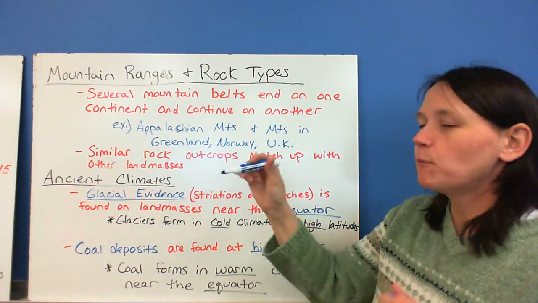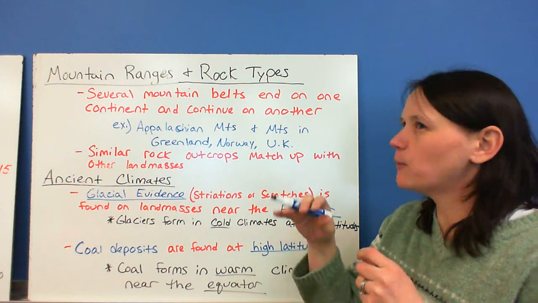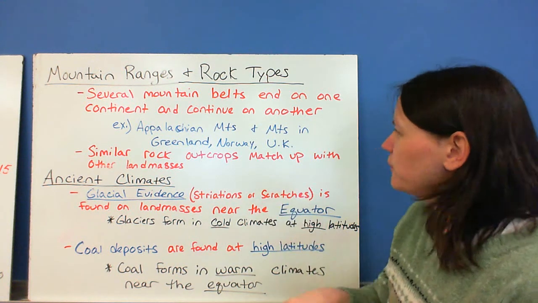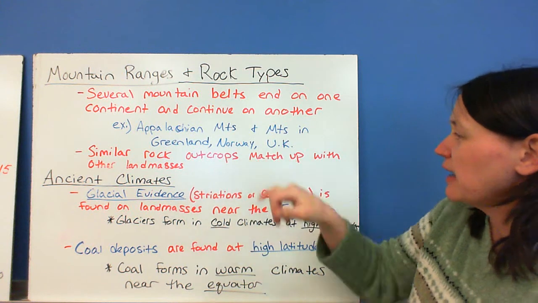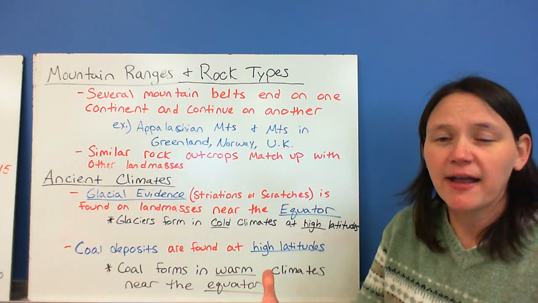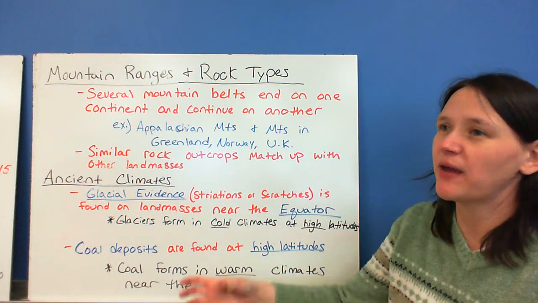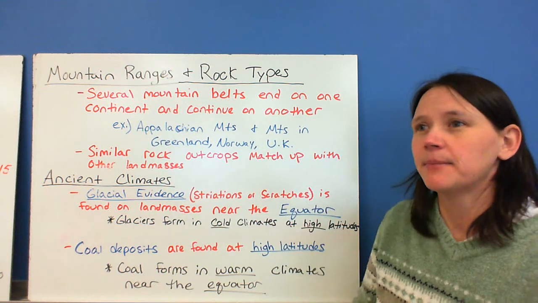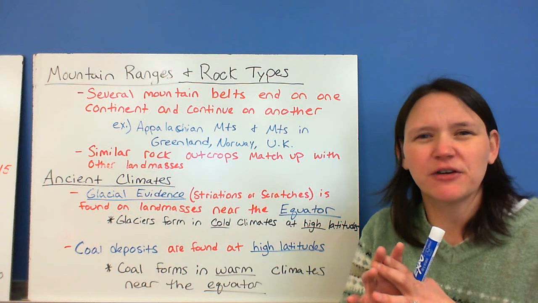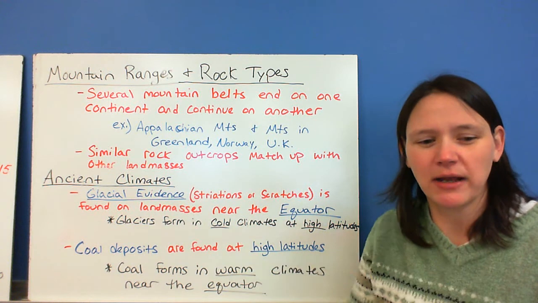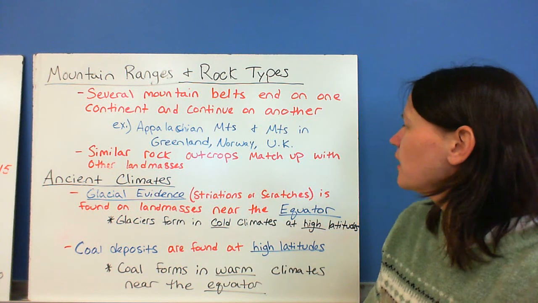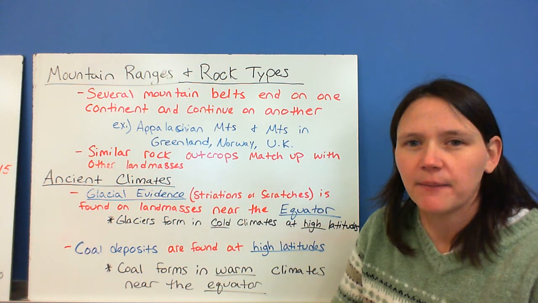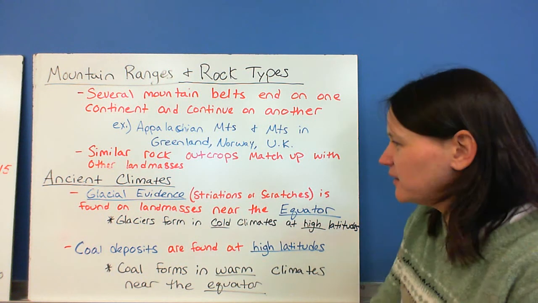And when you match them up or connect them with Europe and the northern part of Europe, Greenland, Norway, and the United Kingdom all have similar rock types and mountains that match up into this one continuous mountain belt. But until you put them together, you wouldn't realize that they were all connected at one point. And again, similar rock outcrops also exist along different continents.